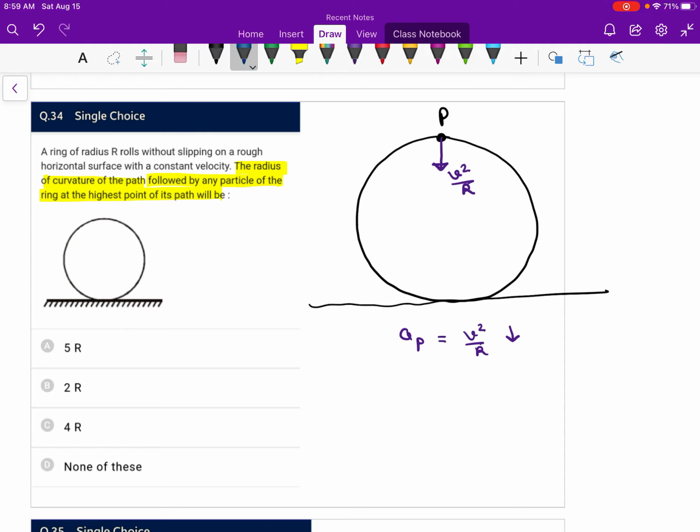Now velocity of point P in C frame, which is omega r, plus velocity of CM, which is v. So Vp is 2v.